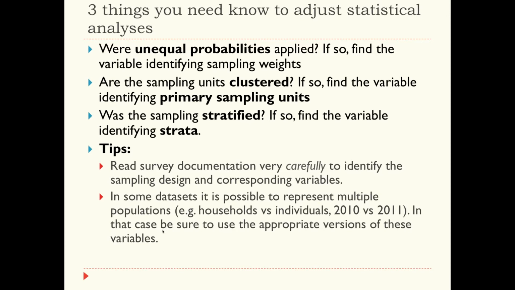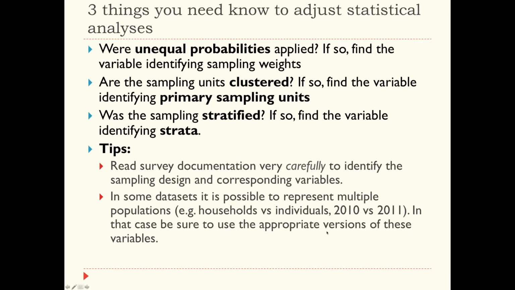So, for example, you might have different kinds of unequal probability selection issues at the household level versus the individual level. So for data sets that have both individuals and households, you will generally have 2 different types of weights. And so it's your job as a researcher to figure out what's both your unit of analysis and the population that unit of analysis is representing, and make sure you're using the appropriate weight.